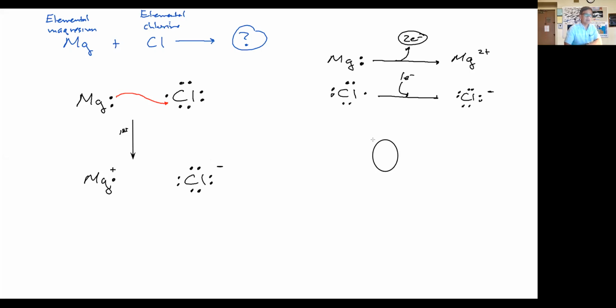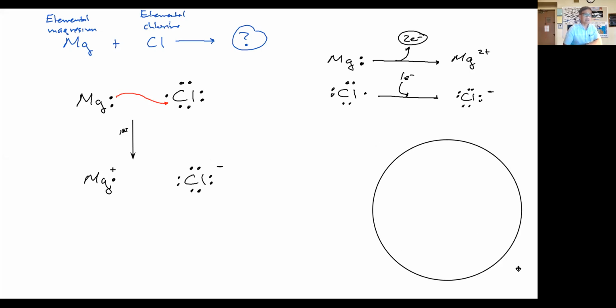In actuality, if we imagine this is a window, and we're looking at this reaction, it's not going to be a one-to-one interaction. It's going to be a lot of magnesiums floating around in this reaction.